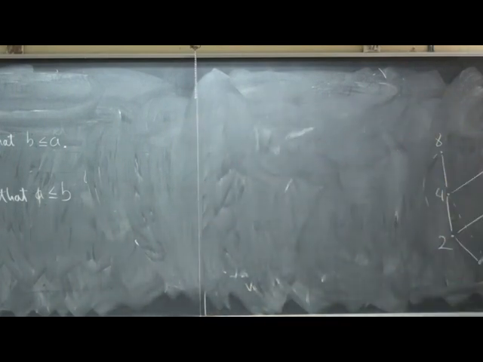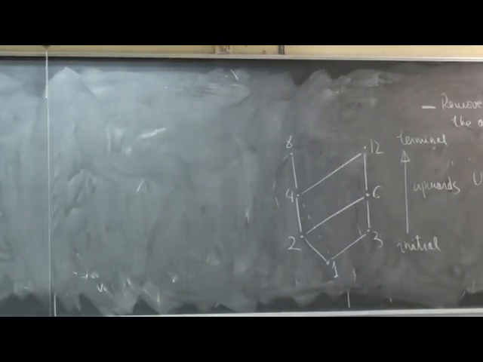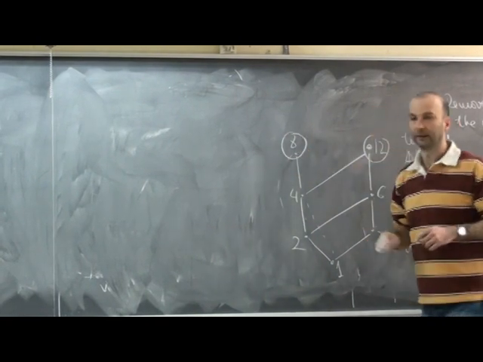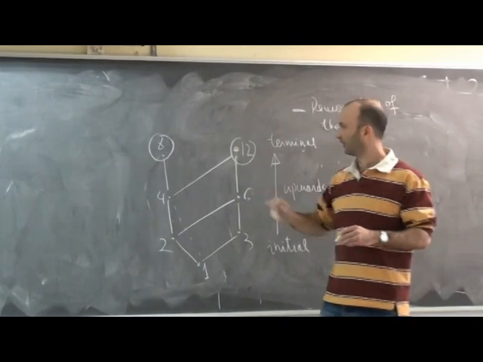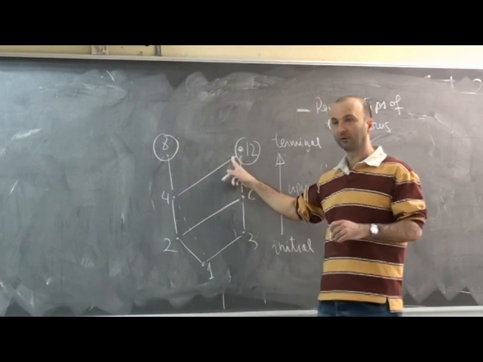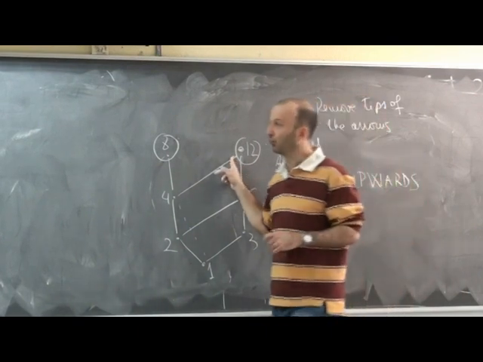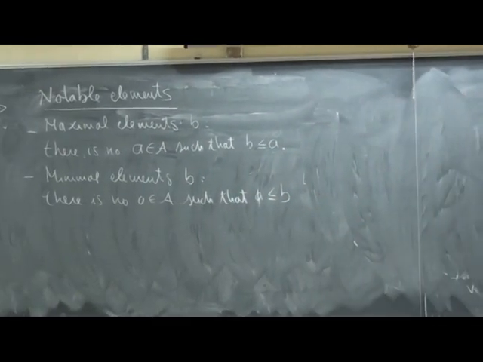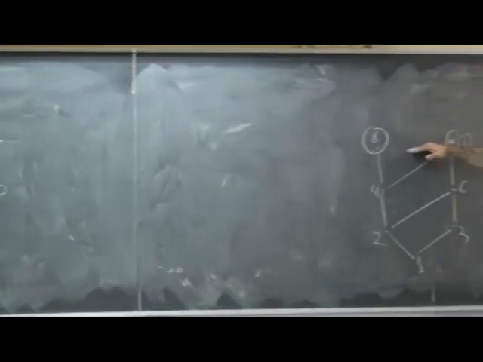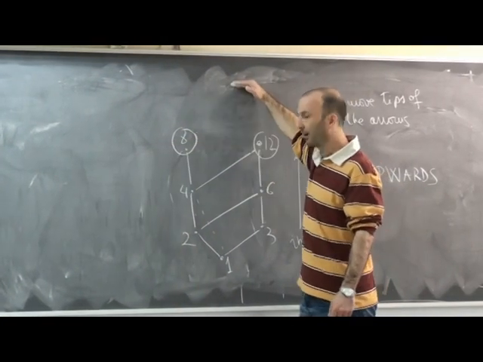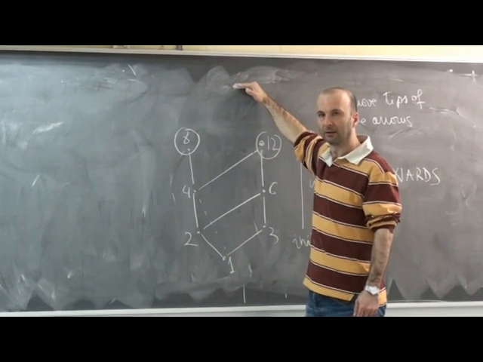So here, can you tell me one maximal element? 12. And every single element is below. Maybe these two guys are not comparable, but the definition doesn't say anything about that. The only thing the definition of maximal element requires is the following: there is nobody else above this one.